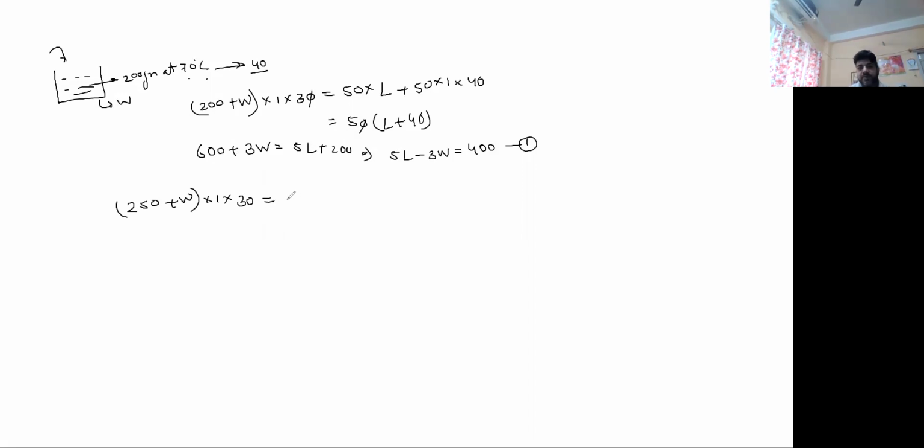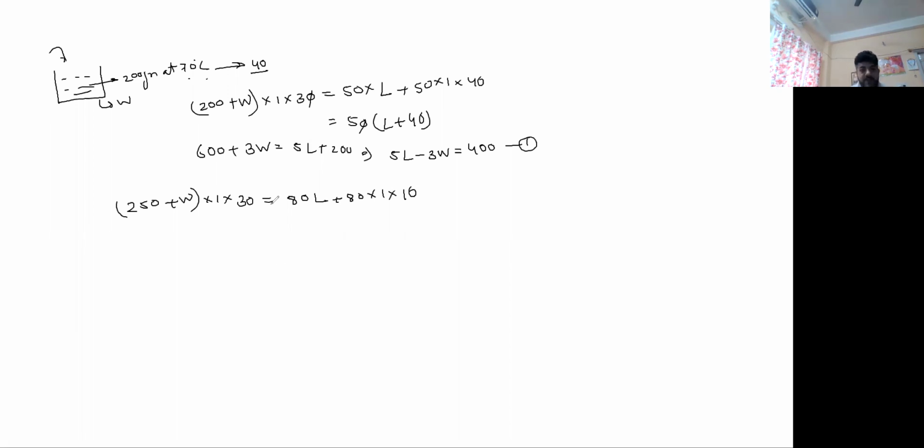That is equal to 80 gram of ice, latent heat of L, plus 80 gram of ice, 1. अब ये आया 0 to 10 degree. Is it clear? Yes, sir.